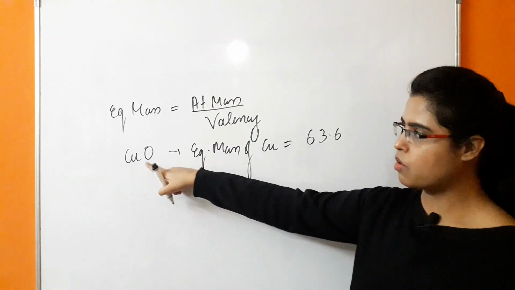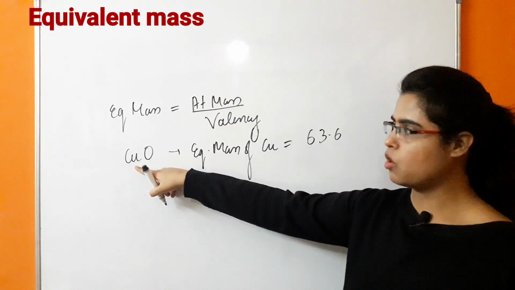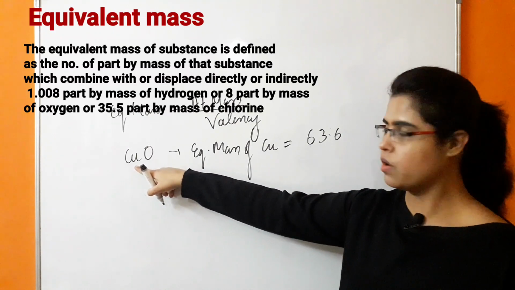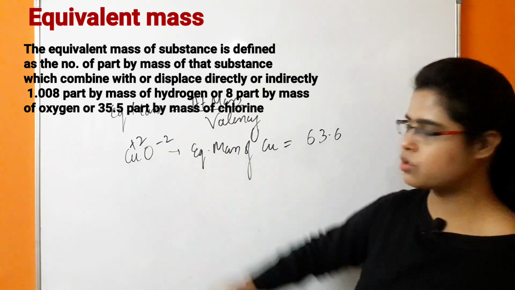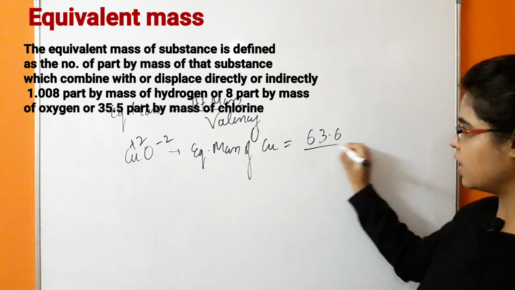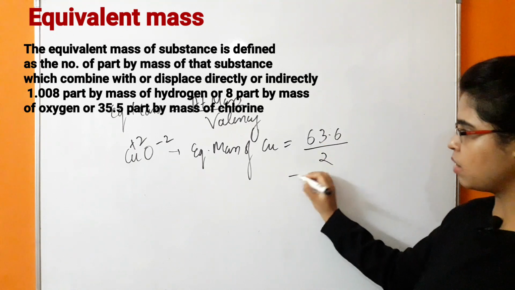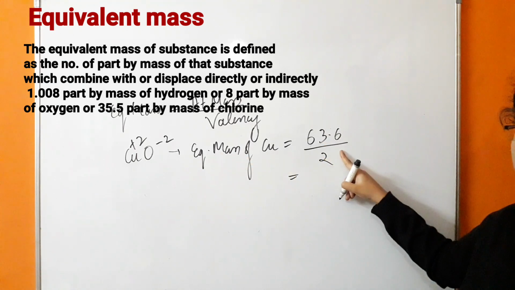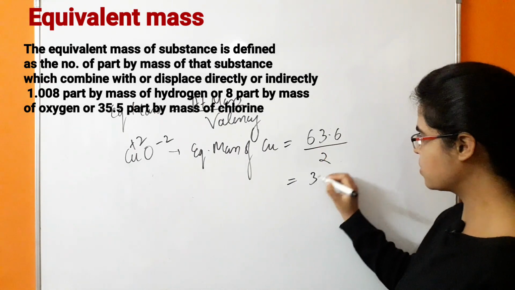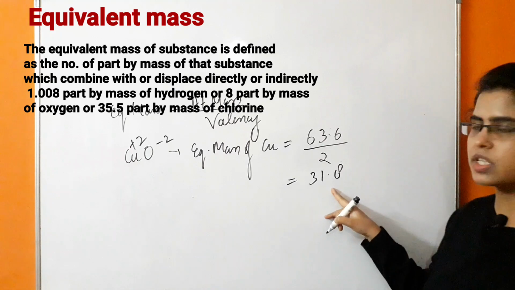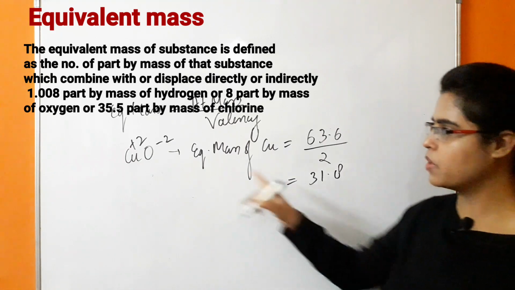What is the valency of copper in this copper oxide? Copper has valency 2 and oxidation state +2. Oxygen has -2 oxidation state. So divided by 2. So what will be the equivalent mass of copper? On solving, the value is 31.8, which is the equivalent mass of copper in cupric oxide.